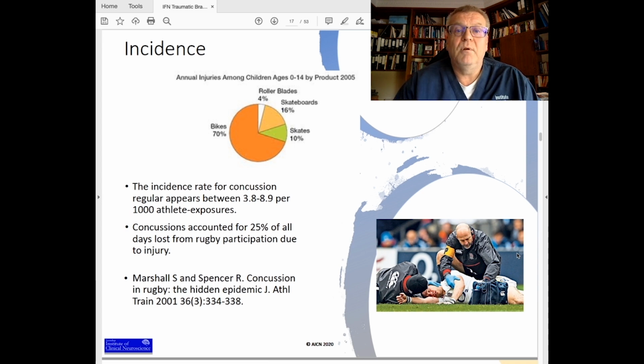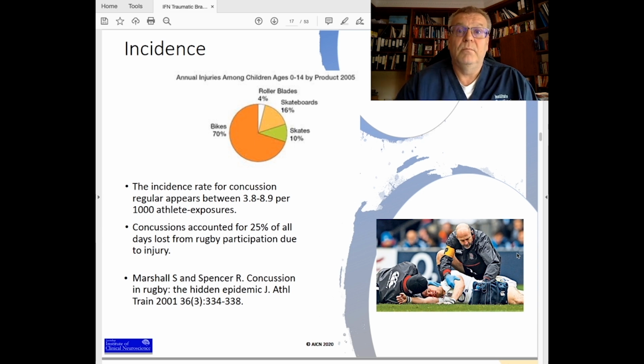So when we look at the rates of athletic exposure, we know from a lot of different data, so we've piled a whole bunch of data together, roughly between 3.8 and 8.9 per 1,000 athletic exposures, we can expect concussions. So that means if you have 1,000 kids playing a contact sport on any given day, during that day we would expect 3.8, so 4 of those kids to have concussions at some point.